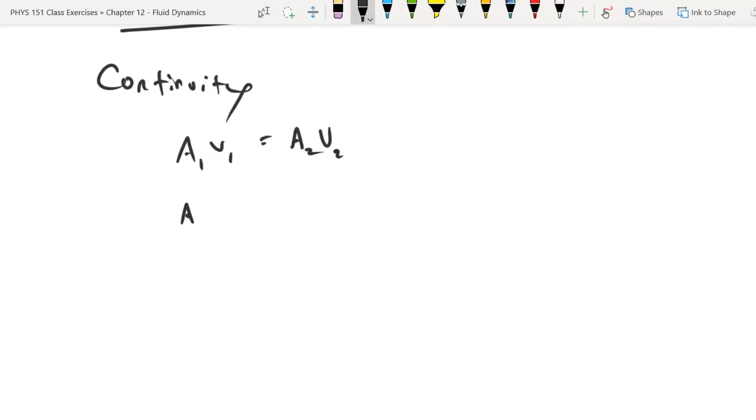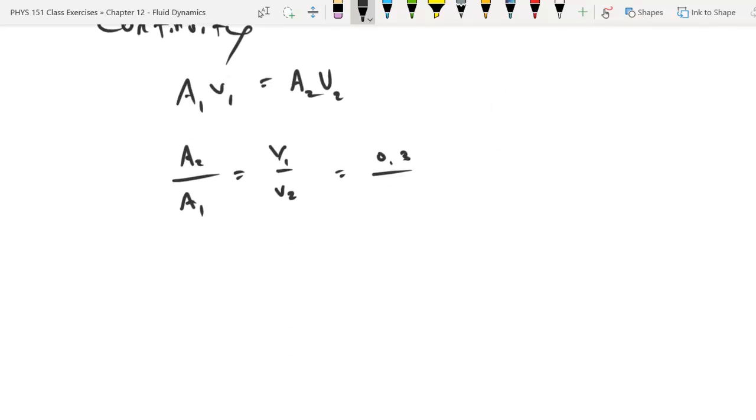So the ratio here, area 2 to area 1, because I'm not given area 1, right? But I can get a ratio, because all we want to know is what percentage, which is the ratio times 100%, right? So A2 over A1 is going to be V1 over V2. So that's going to be 0.3 divided by, what did we say, 1.017.